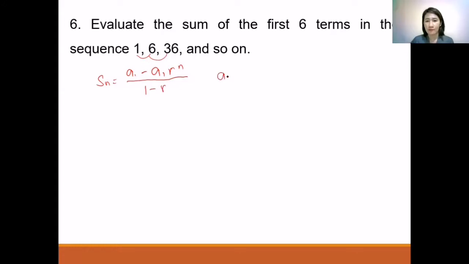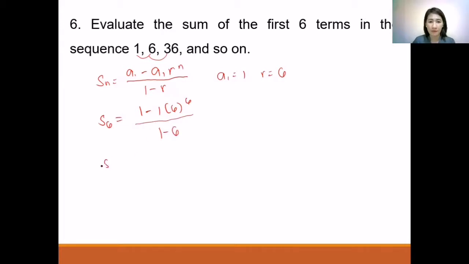So we know that our first term is 1 and our common ratio is 6, since when you divide 6 by 1, you get 6. So we're looking for the first 6 terms. So you have S sub 6 is equal to a sub 1, which is 1, minus 1 times r, 6, raised to n, 6, over 1 minus r, 6.